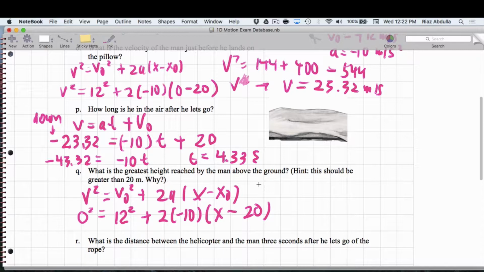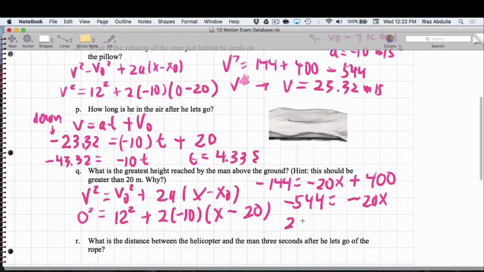So we're going to end up getting negative 144 equals negative 20x plus 400. So negative 544 is negative 20x. Now let me just divide by 2 to simplify. 272 is 10x. So x ends up being 27.2 meters.